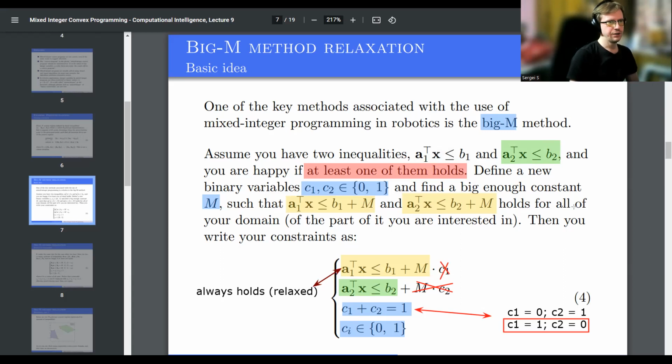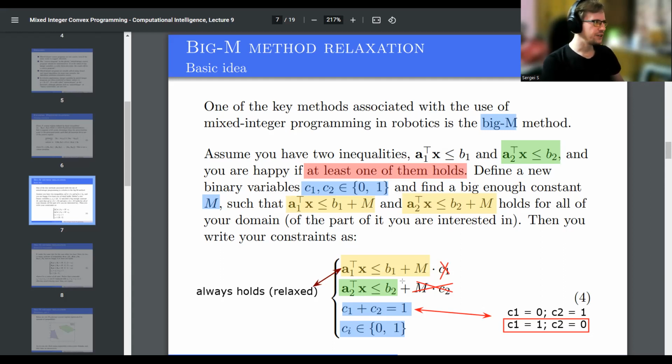Is it going to be region number 1 or region number 2? So which one of those inequalities we are going to hold? At least one has to hold. As we consider both scenarios, in each one, at least one of the inequalities has to hold. The second one doesn't have to hold, though. So it is relaxed. So this is the situation here.